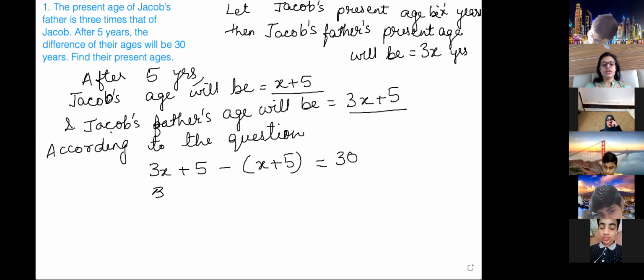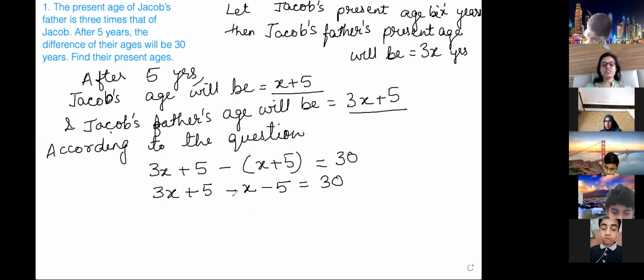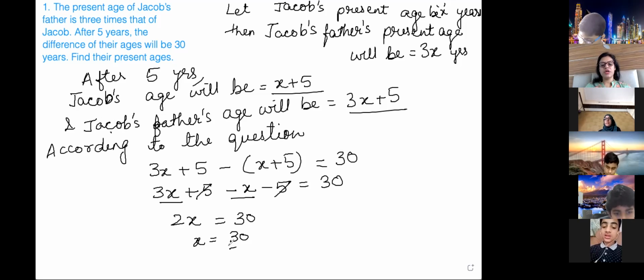So how will I solve it? Put the negative sign inside the bracket: minus x and minus 5 equal to 30. Now 3x and minus x. What is 3x minus x? 2x. And plus 5 and minus 5 cancel out. 2x is equal to 30. So x is equal to 30 upon 2, which is equal to 15.